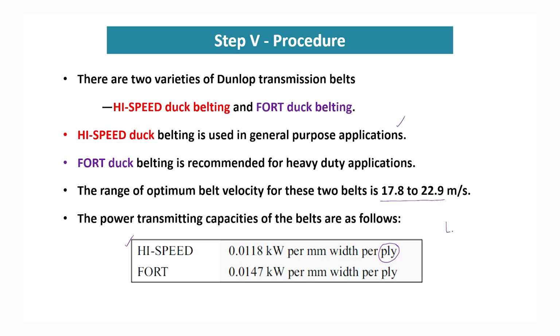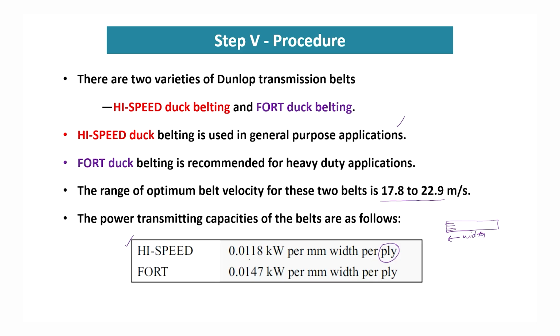Belt has some width and it has number of plies. So based on that, the power transmitting capacities are given.